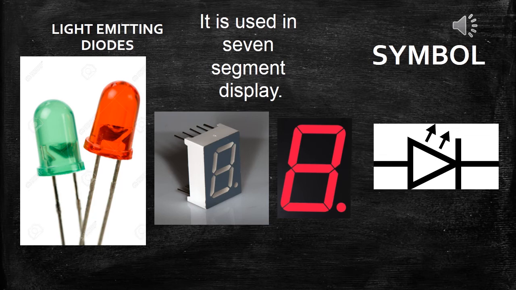According to the connection and the current supply, that 7-segment display will show the appropriate number or letter. The symbol of LED is shown nearby. Already you are familiar with the diode symbol. Nearby 2 arrowheads are drawn. Those arrowheads show that the diode is emitting light in the outward direction.